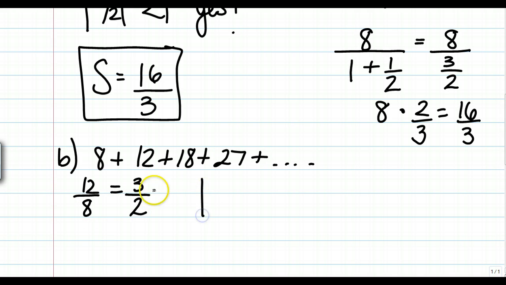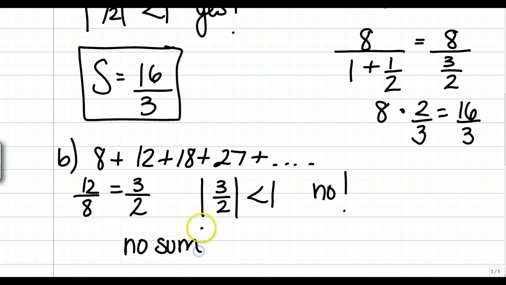So we have to check to make sure that the absolute value of R is less than 1. Is 3/2 less than 1? The answer is no, because that's 1 1/2, and that's not less than 1. So your answer would be no sum, because you can't figure it out. This one is not getting closer to 0, it's just increasing.